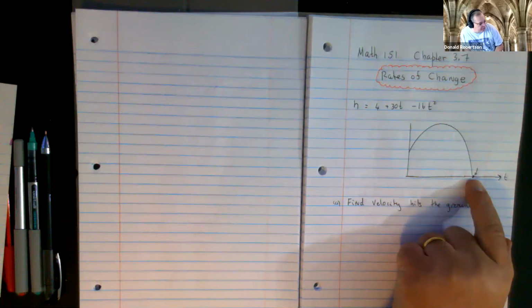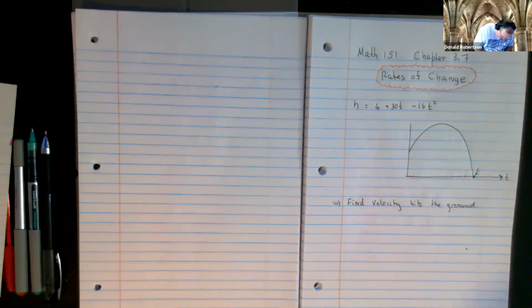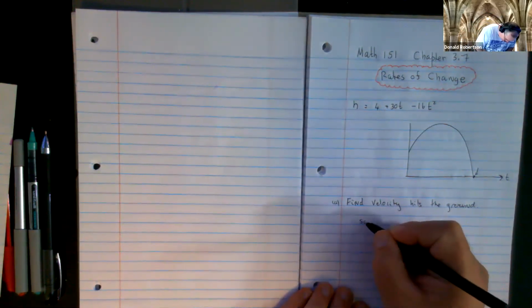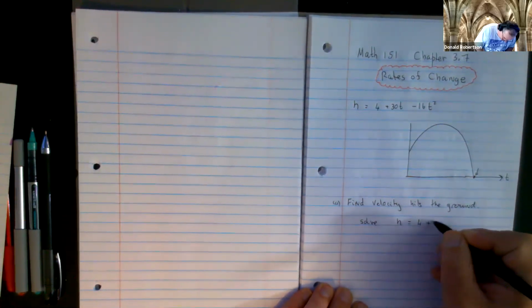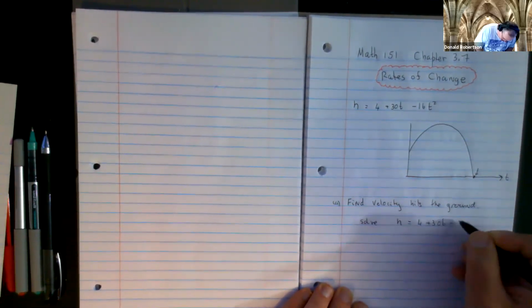So there are a couple of things we need to do here. The first thing we need to do is find out when it hits the ground. Well, to do that, couldn't we solve this equation?